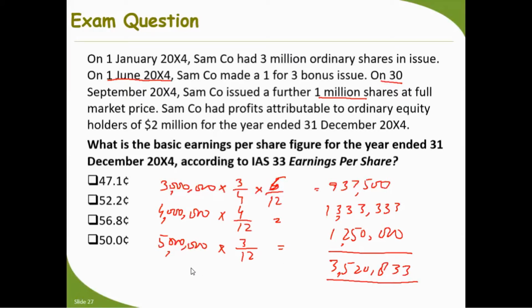Now 2 million, your profit attributable to ordinary shareholders, divided by the weighted average number of shares. So 2 million divided by 3,520,833 is equal to 0.568. So option C is the right answer.